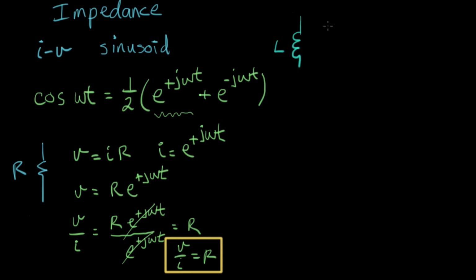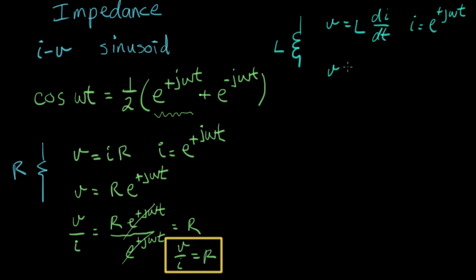And for an inductor, we know that voltage equals L di dt. All right. And let's do the same thing again. Let's let I equal e to the plus j omega t. So it's a complex exponential current that we're forcing through our inductor. And let's go ahead and work out what V is.